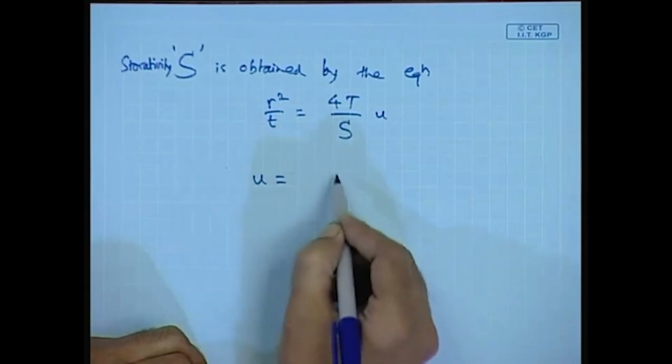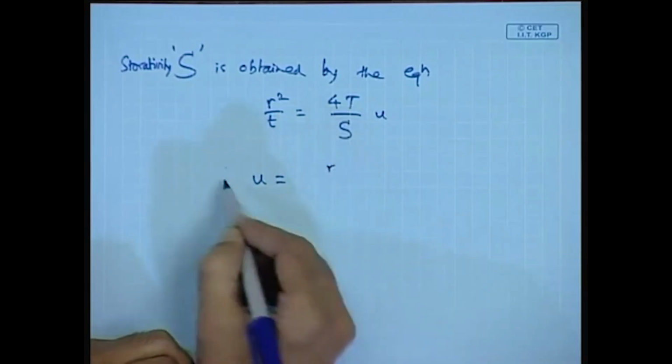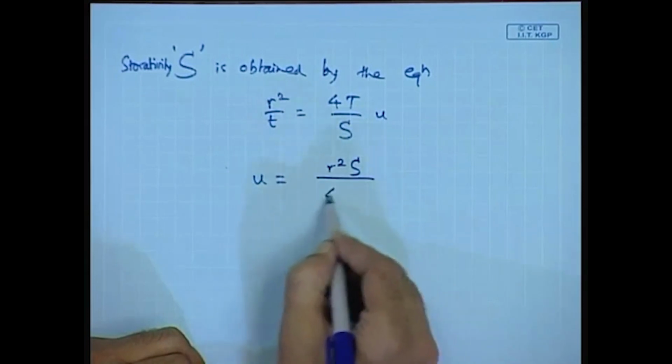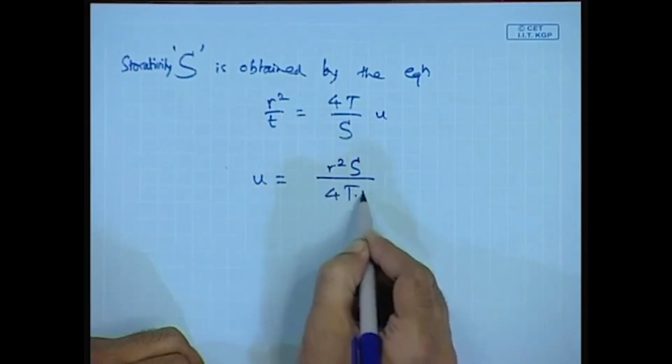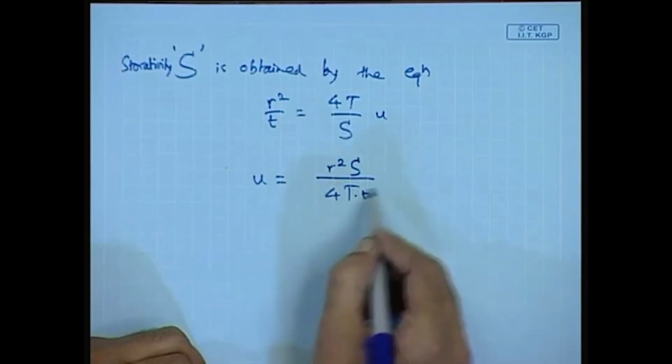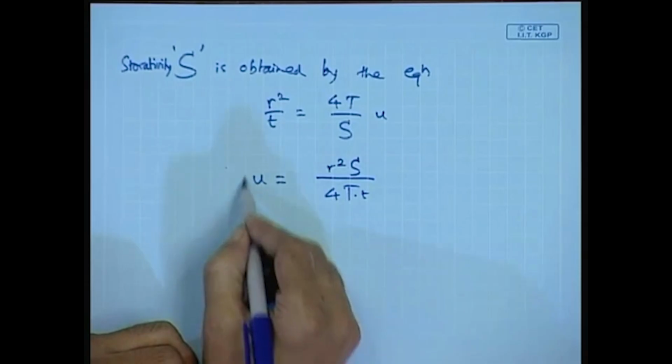So we know that the well function u is equal to r square S divided by 4T into t.